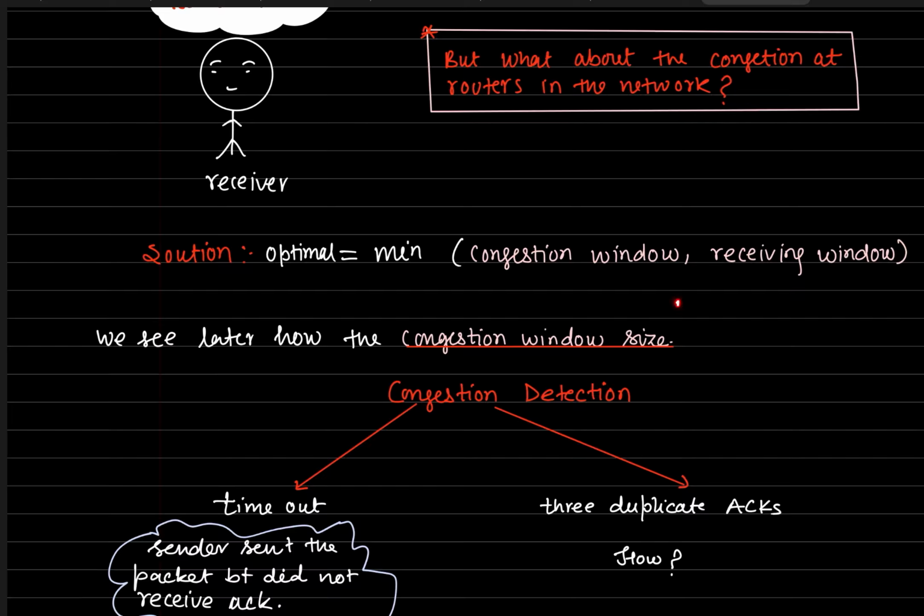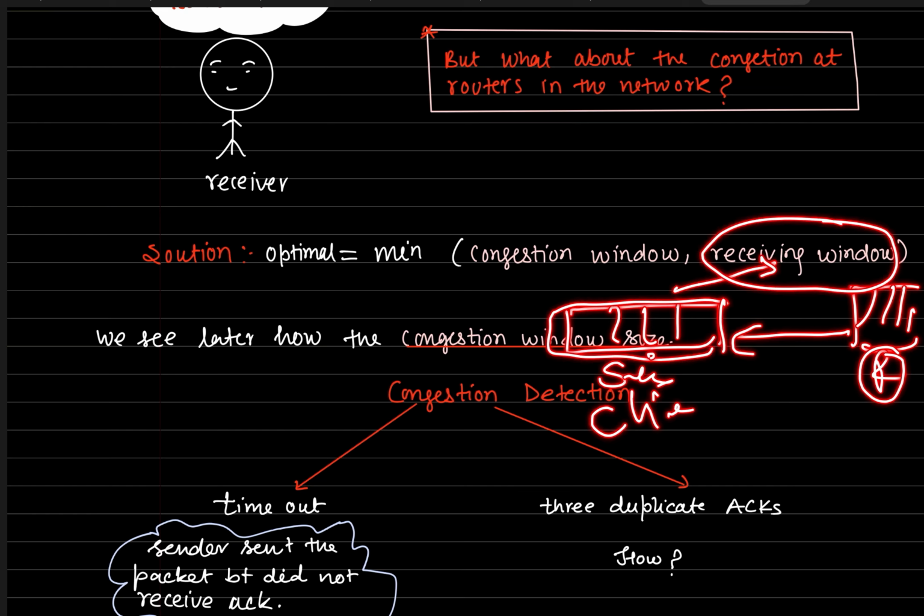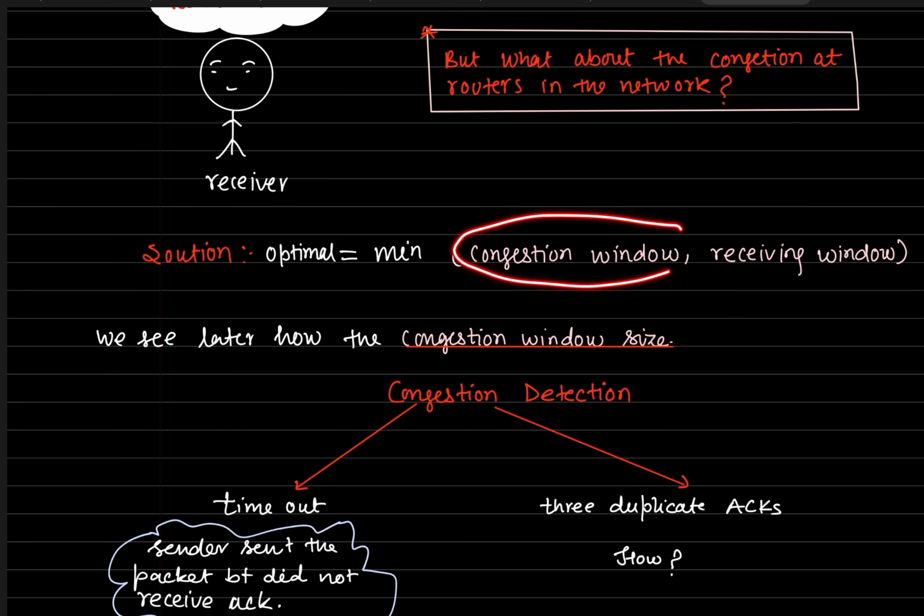The receiver tells the sender how much window to keep, that is the receive window. And the congestion window will be decided with the help of the slow start algorithm. I will tell you all those things in a while.